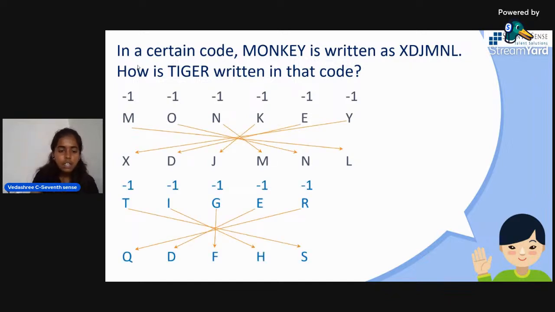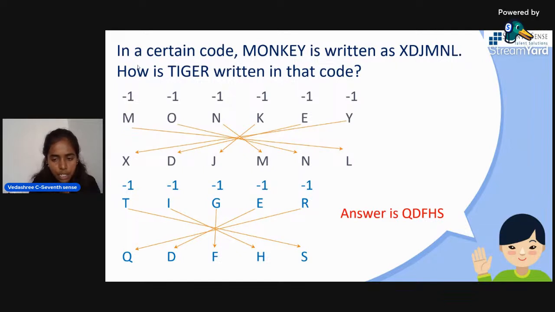So here, we just reverse the letters, changing the position from left to right and right to left, and subtract those letters by 1. Hence we'll get the answer as Q, D, F, H and S. Yeah, Sahana, correct answer.